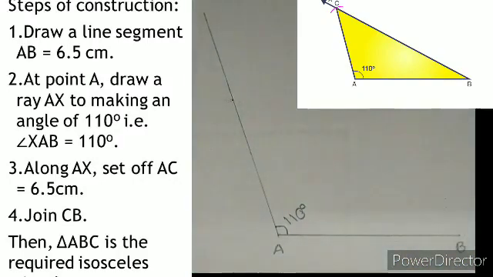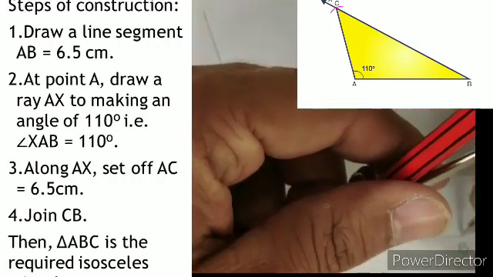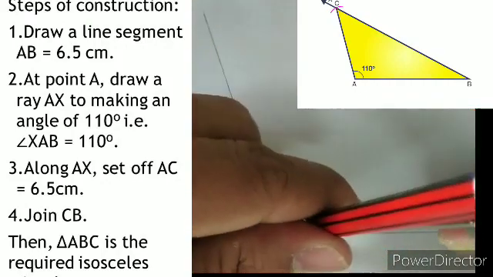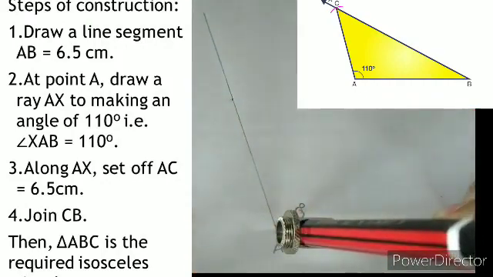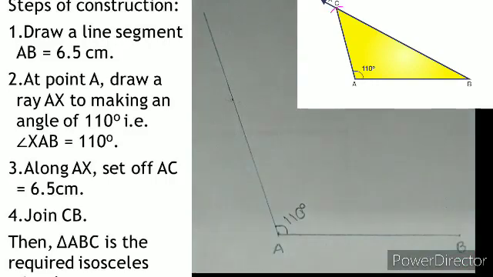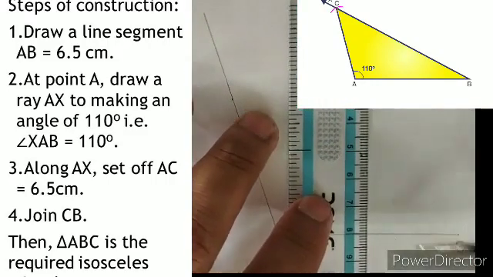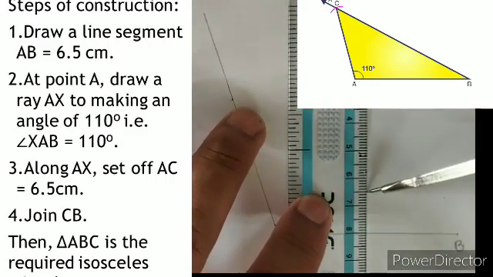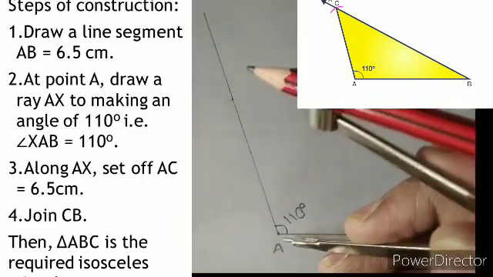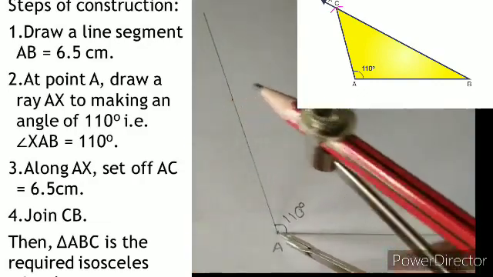Now again AC is also having the length 6.5 centimeter. So take radius 6.5 centimeter in the compass, which is equal to AB, and then draw an arc with center A and radius 6.5.